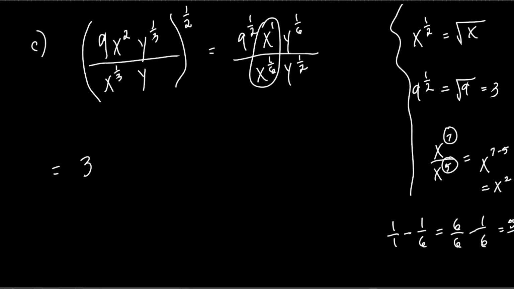It's 5 over 6. Okay, so it's going to be x to the what? 5 over 6. See it? So I just subtract the exponents from each other. The rule is exactly the same as it is here, except you're just subtracting fractions, right? We just have never done that before. Okay, this is the first time we've subtracted fractions like this.